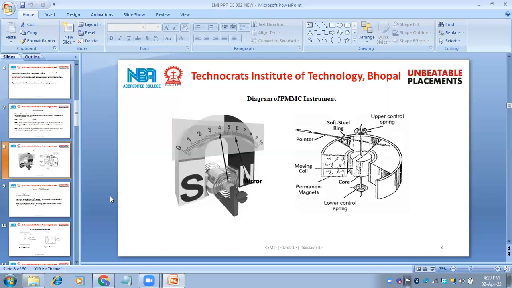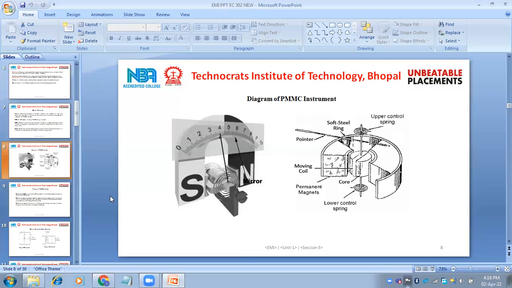So how can we measure the DC current and AC current with the help of the PMMC coil? So there is a pointer. If the pointer is deflected on the full scale reading, after observing that deflection, we can measure the value of DC current and also AC current. So what is the mechanism behind that?